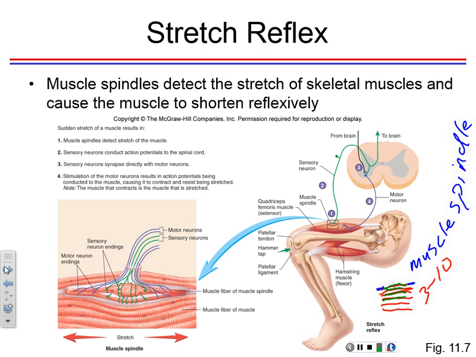So when it's being pulled apart, the non-contractile center will be yanked, and it's not elastic, so it will feel the stretch. And then this will cause the muscle to contract to oppose the stretch. So it keeps it from overstretching, from pulling it too far apart.